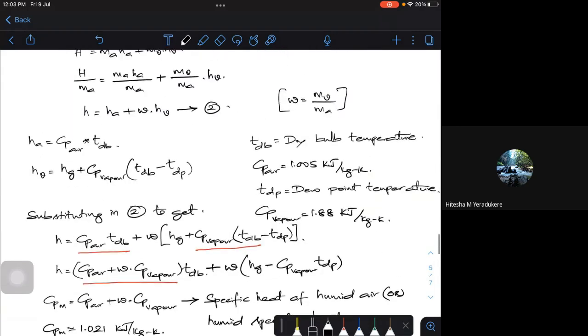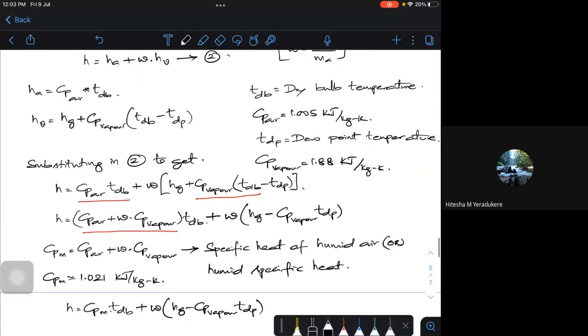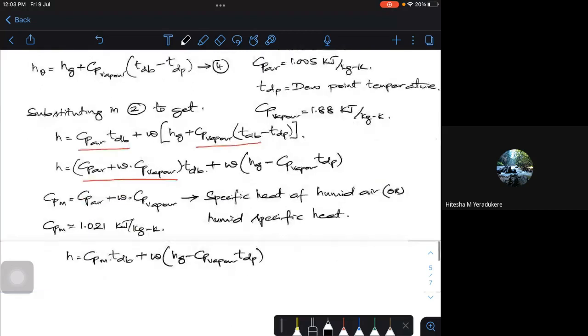If I call this equation 3, this 4, this 5, and this 6, this is the equation we can get.